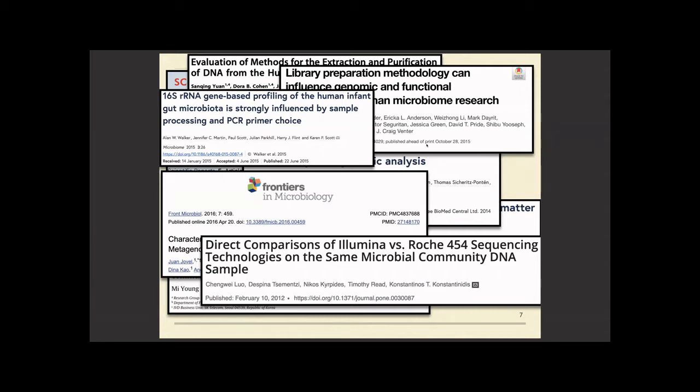What is the impact on the resultant profiles? And that literature has primarily focused on variation between different handling protocols or extraction protocols, amplification protocols. But in my feeling, there hasn't been a big emphasis on the accuracy.